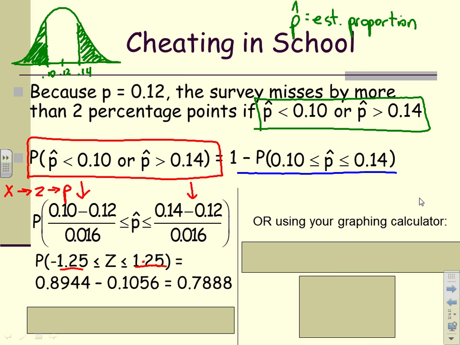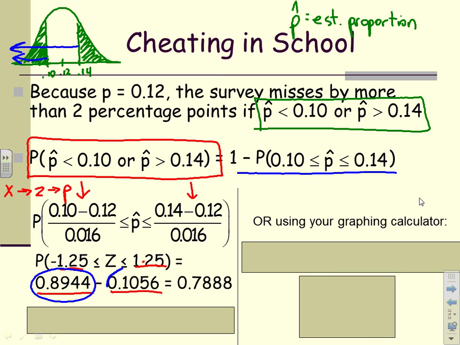And when we do that, we're looking at now the probability that corresponds to the positive 1.25 is 0.8944, and the one that corresponds to the negative 1.25 is 0.1056. And you might be confused a little bit about what's going on here, but all I'm doing is I found first the probability or the area to the left of 0.14. That's the 0.8944. And then I'm going to find the area to the left of 0.10.